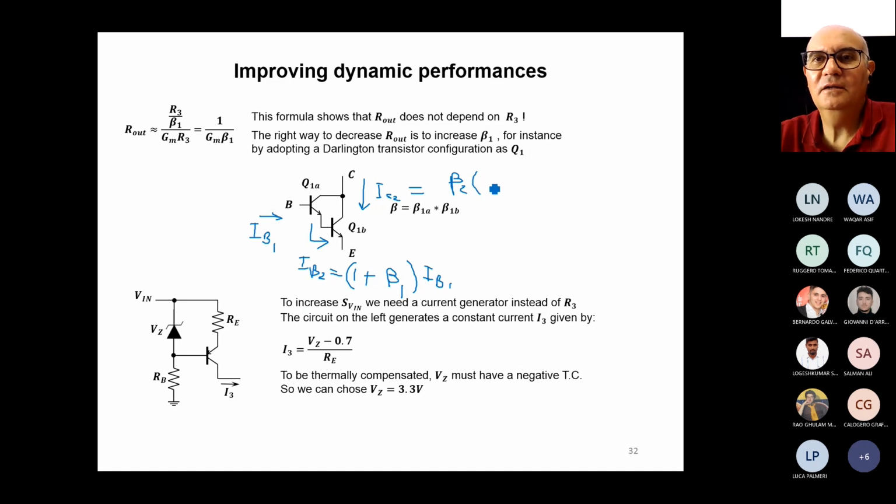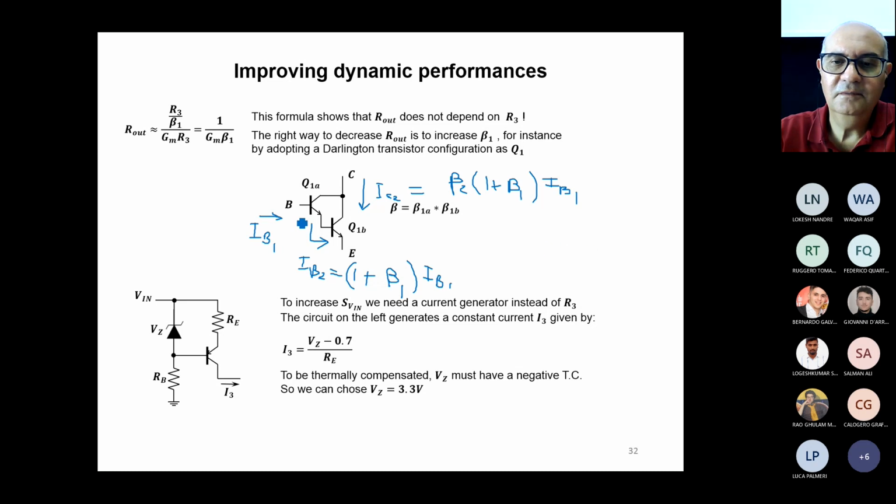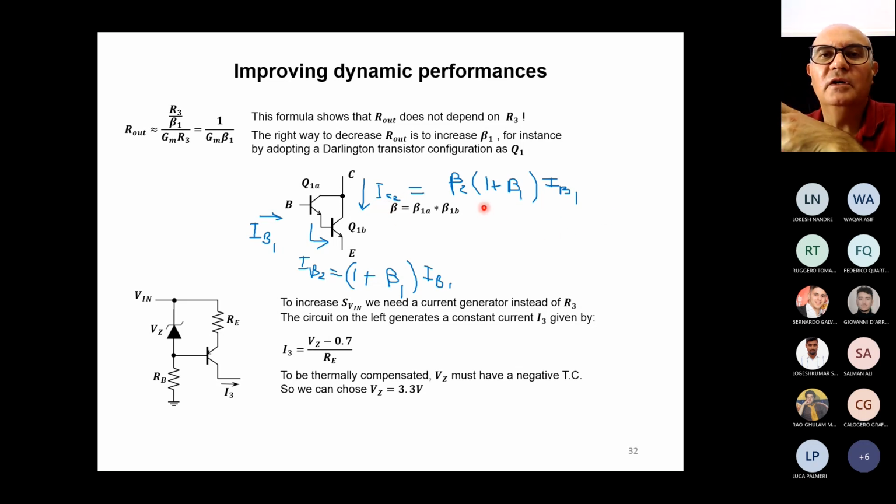And IB2 is 1 plus beta 1 times the current IB1. So if you consider the total beta of this transistor as the ratio between IC2 and IB1, I get something that is more or less the product of beta 2 and beta 1. That's the simplified formula that I wrote here.